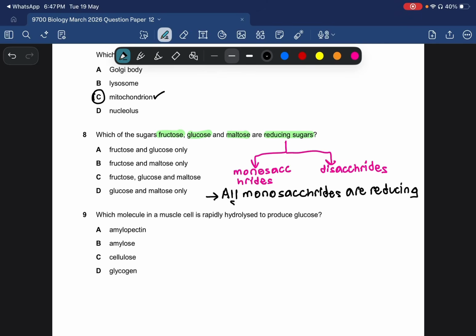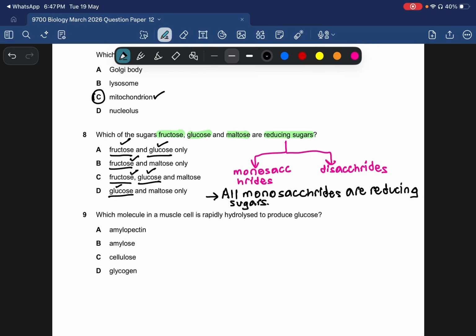Whatever monosaccharides you have learned about, whether it is glucose or fructose, the most popular ones, these are reducing sugars. So fructose, reducing sugar; glucose, reducing sugar.